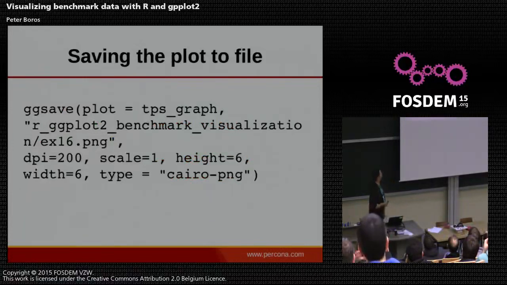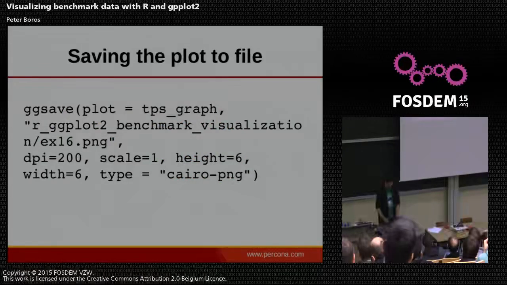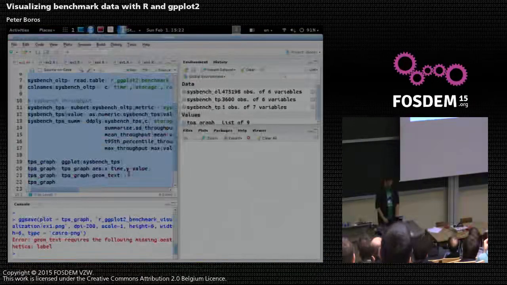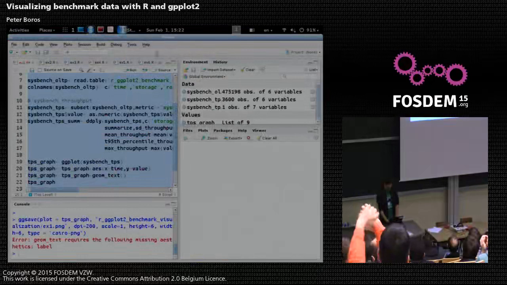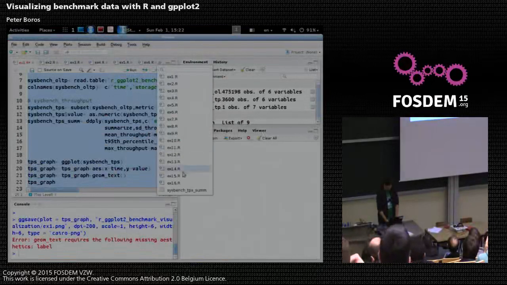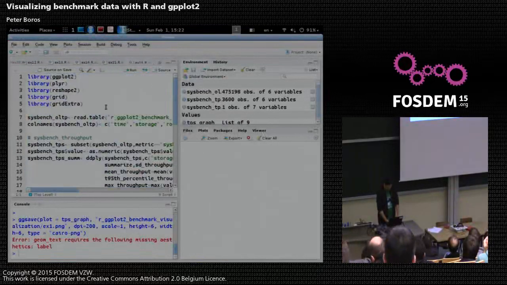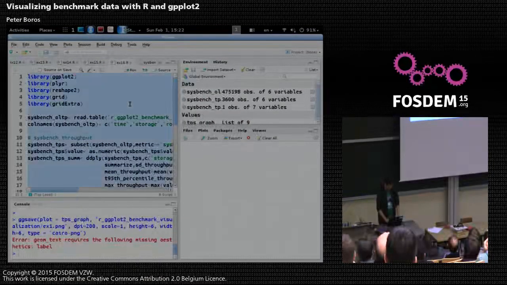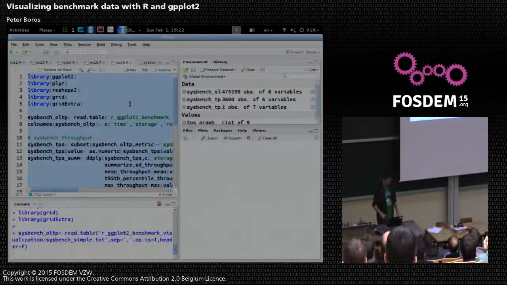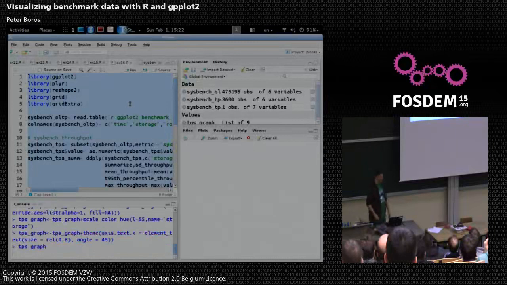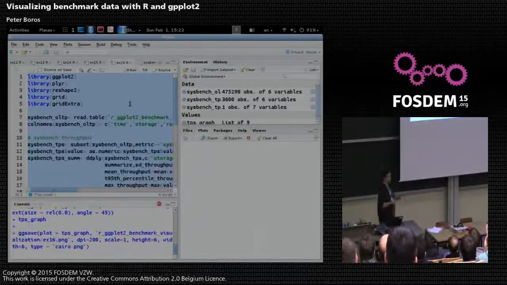In order to save the plot, you need to use the ggsave function. By default, while you are working with RStudio, it shows the output. So let's go to the last example. This graph will actually take some time to generate. See, it started to generate it because there are so many dots.